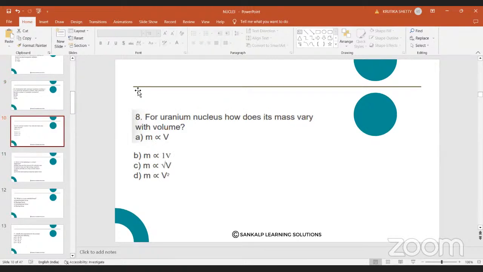For uranium nucleus, how does its mass vary with volume?